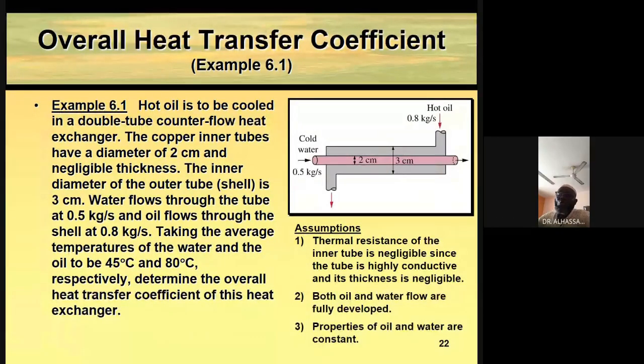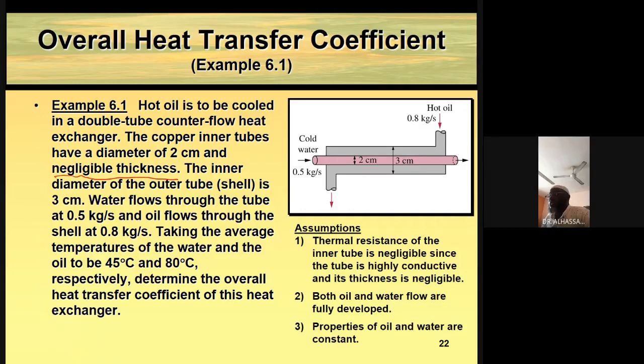It will be mentioned, especially in heat exchangers. It will be mentioned that the thickness of the heat exchanger is assumed negligible. The moment you come across this, it means the thermal resistance of the tube can also be negligible.